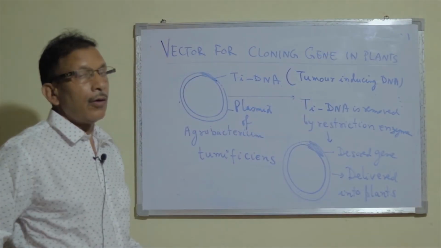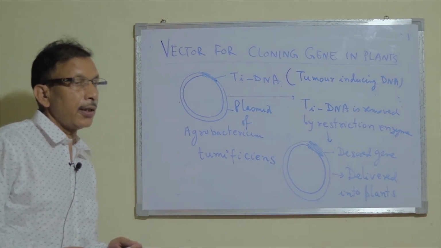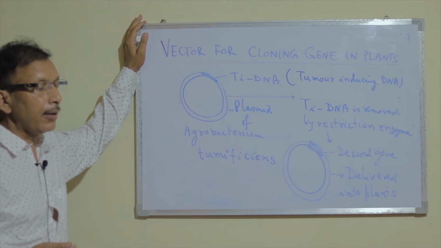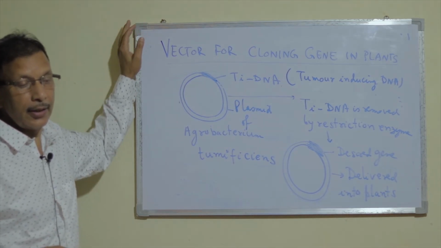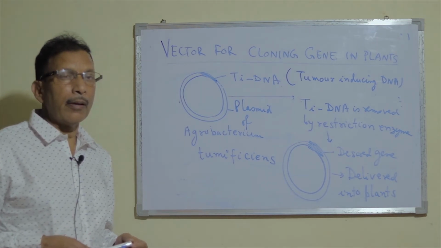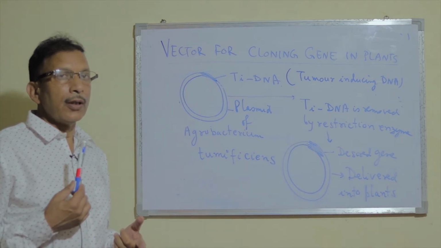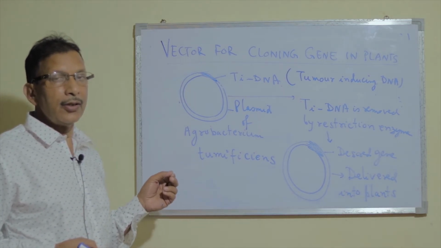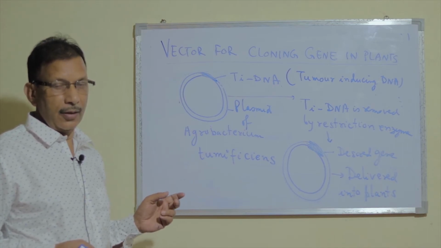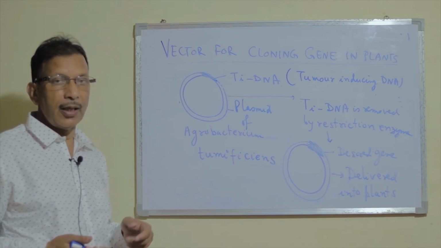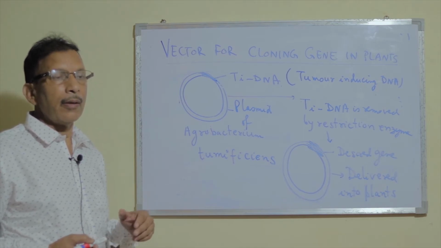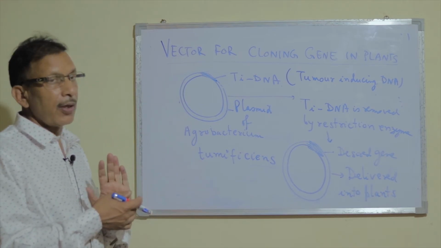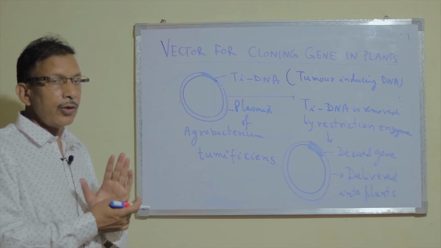Now we have seen how to recognize, before replication of the desired gene or desired DNA into the host cell, whether the desired gene is really a recombinant or transformant or not, by the alternative method. And now here, the vector for cloning gene in plants. So how to clone the genes in plants?